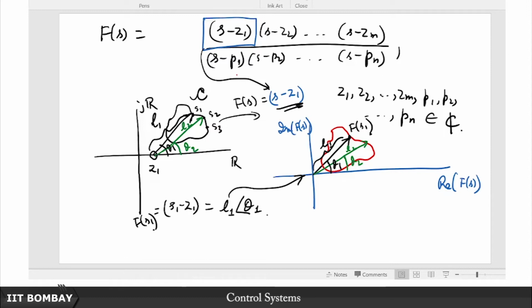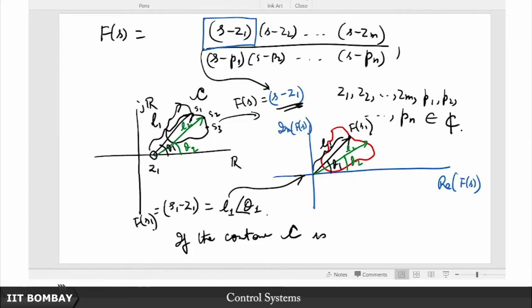The more important point is the observation that if this Z1, I mean this zero, is outside this contour, then you take one trip around this contour and you map it here. Initially you go from S1 and trace your path in this direction, and that is what is important, the clockwise direction.